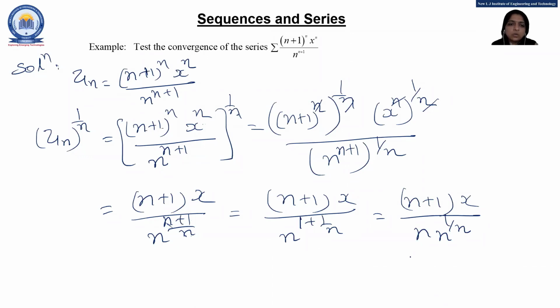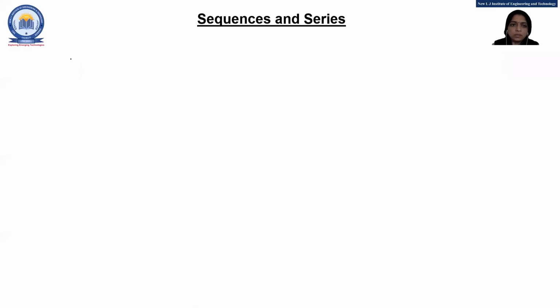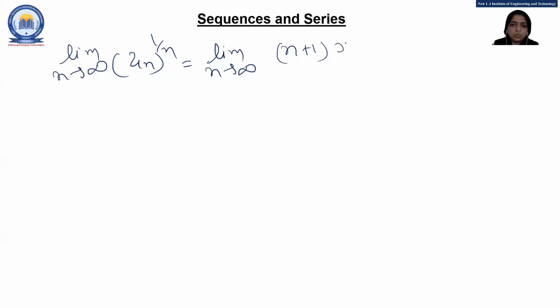Okay, so this is un raised to 1 by n. Now I am going to apply the limit on both sides, that is limit n tends to infinity un raised to 1 by n. Here, limit n tends to infinity of ((n plus 1) into x upon n) raised to 1 upon n.